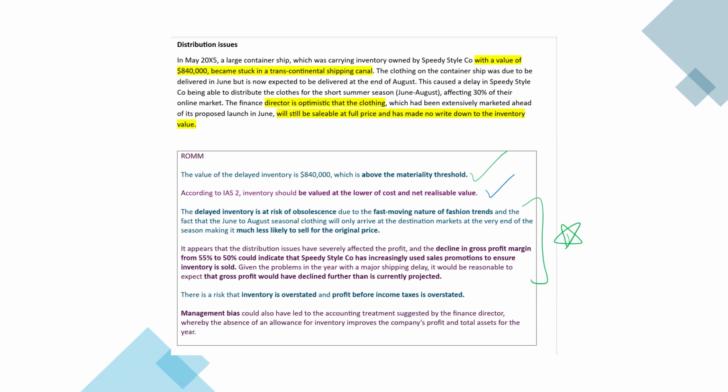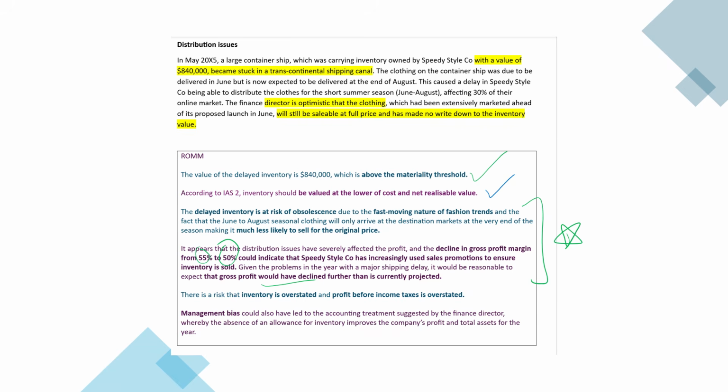I could also talk about my concerns related to the fall in gross profit not being enough. So I've done my calculations and then I go on to link it to the fact that there have been a number of problems during the year with major shipping delays, and it would be reasonable to expect that the gross profit would have declined even further than is currently projected.